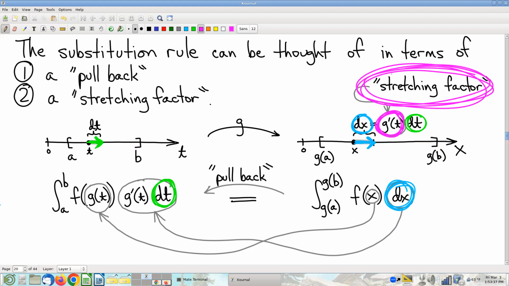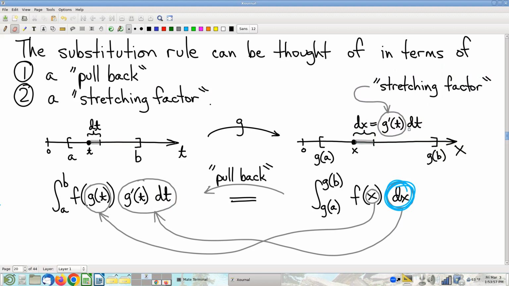This says how much bigger does my dt get when I translate it appropriately into seeing what dx is. Okay, how are we doing? This is what I mean by a stretching factor. All right. Okay, so that's the context.